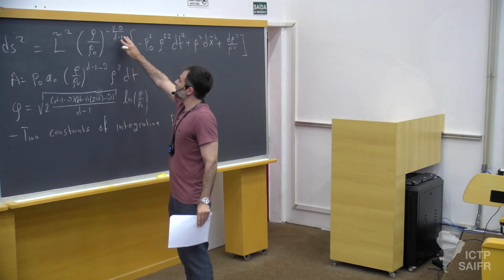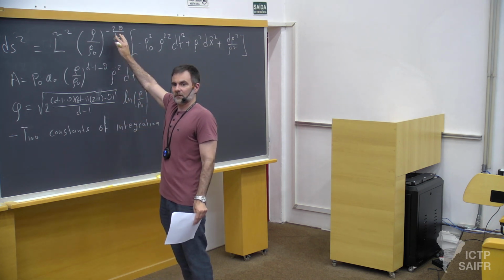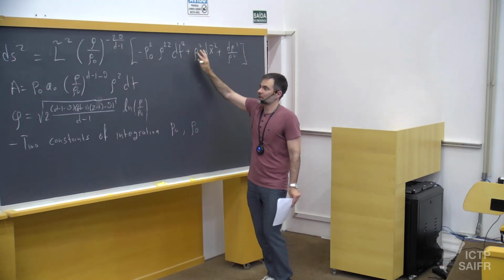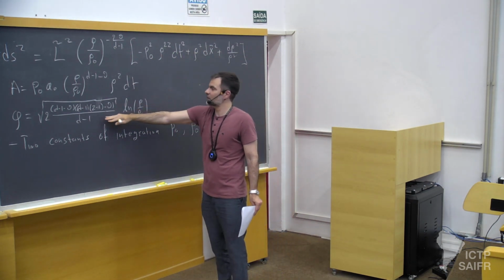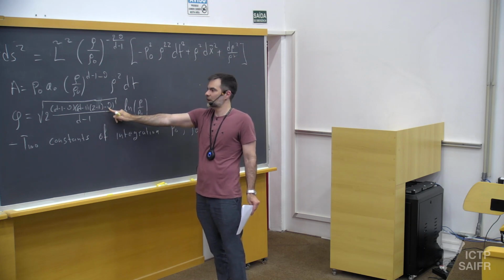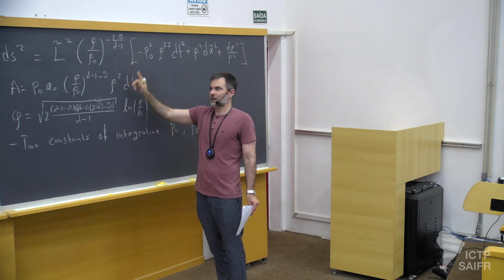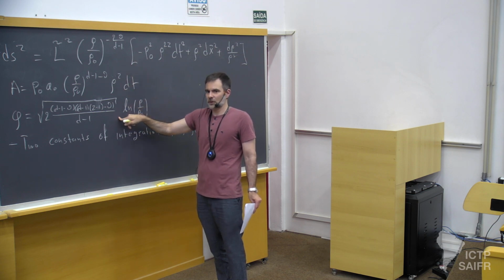So even if I set theta equals 0 here, and the metric does look Lifshitz, there is still a problem with phi. If I set theta equals 0 in phi, it's still a function that depends on r. So even if the metric is Lifshitz, the scalar field does not respect the symmetry, even for theta equals 0.